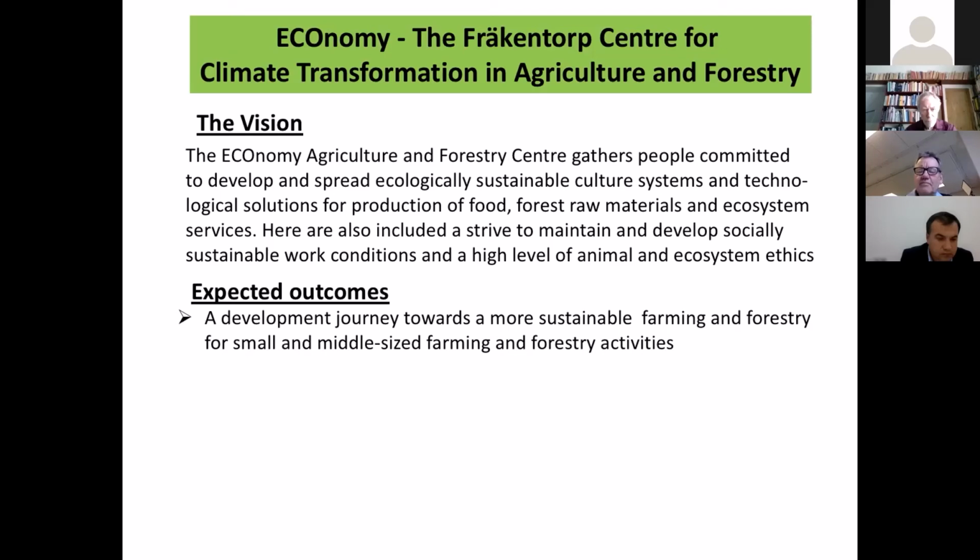We try to be part of journeys, so it has a beginning and an end. And the end is, of course, this climate transformation towards more sustainable farming and forestry activities. Especially we would like to foster small and middle-sized farming and forestry activities.